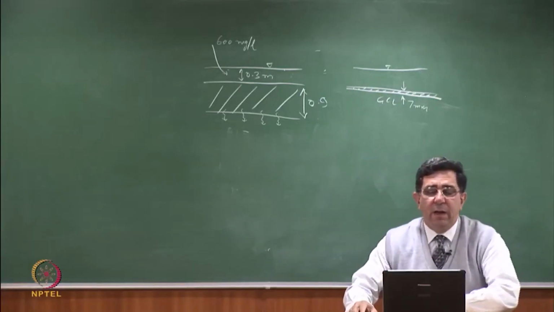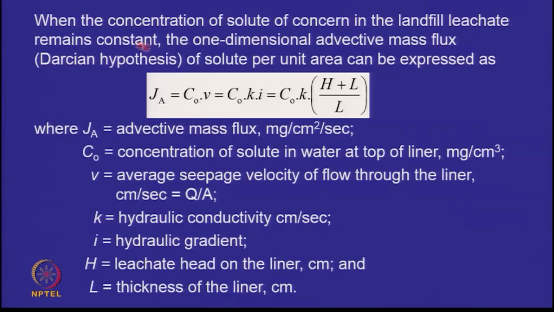So when you are doing advective mass flux, then the equation that you use is similar, except that you multiply the concentration with V. So the average seepage velocity of flow through the liner is Q by A, which is Ki. Okay?